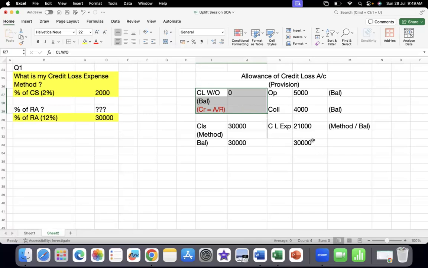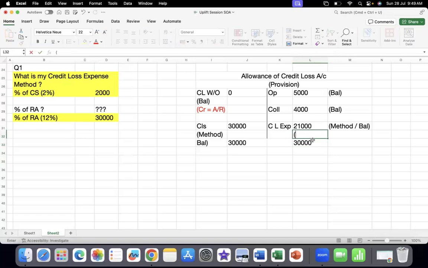Then for your credit loss expenses, so there is credit loss write-off, and there is credit loss expense. The credit loss expense goes into your profit and loss account. So what is happening is you're crediting your allowance account and debiting your P&L account.